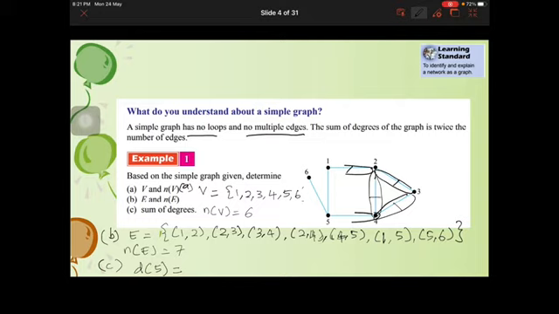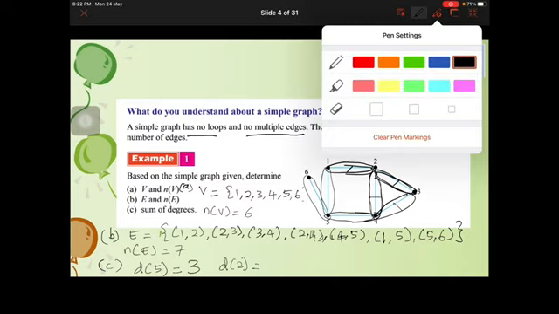What are the edges that connect to vertex 5? If you can see, 1, 2, 3. So the degree for vertex 5 is 3. How about the degree for vertex 2? We count the edges: 1, 2 and 3. Can you see it? Wait.